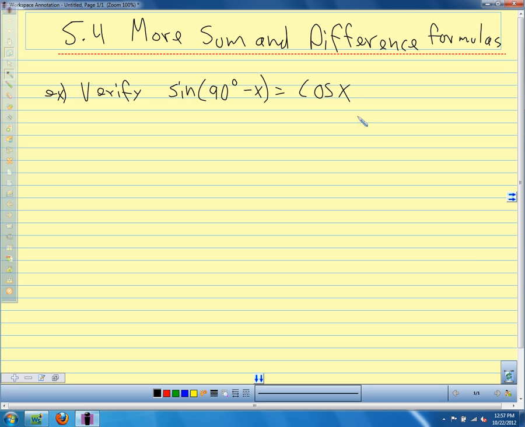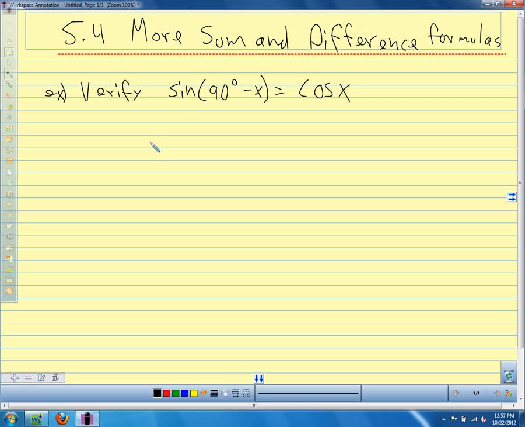We've talked about this one a little bit before, but now we have a formula and we can verify this identity. So we're going to look at our formula sheet, and we have an identity for the sine of the difference of two angles.